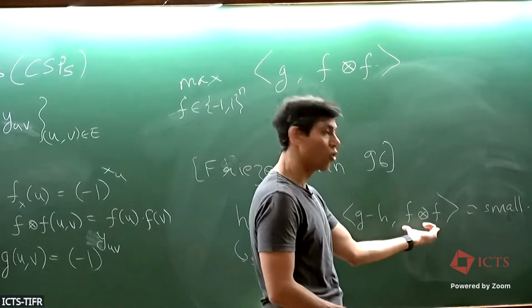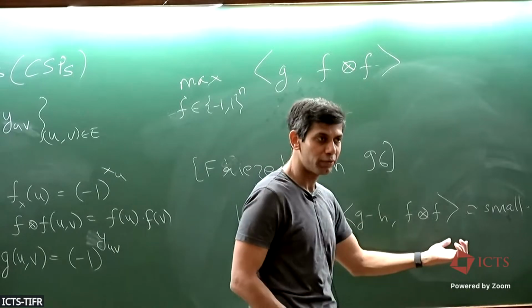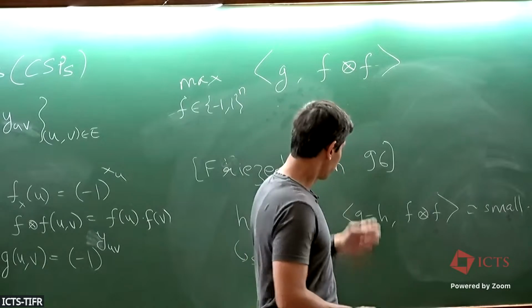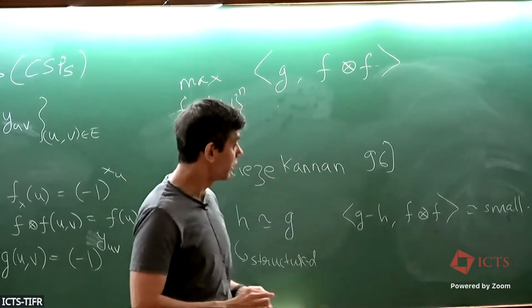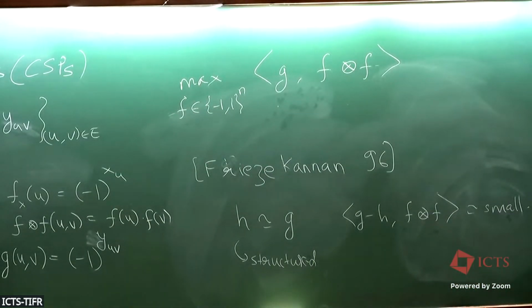So even if we don't know what f we are going to apply here, this approximation is going to work for all f. So in particular, it will work for whatever might be the optimal one. But then we will switch to studying the structured approximation, and we'll see that that gives a very nice and simple algorithm. Okay. So now our goal is to develop this kind of an approximation.